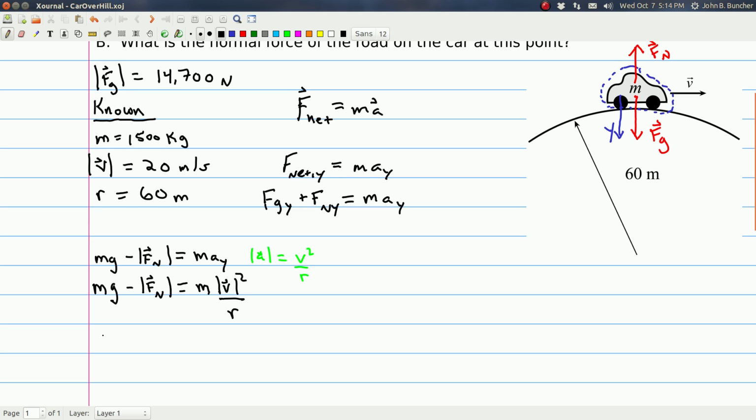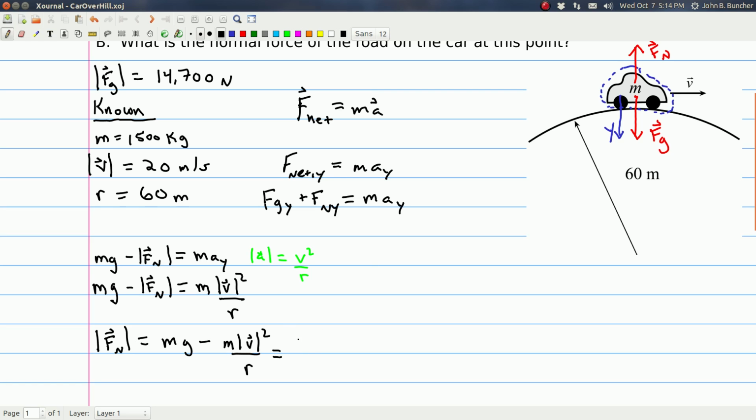So now I can solve for the normal force. So the normal force is equal to mg minus mv squared over r.